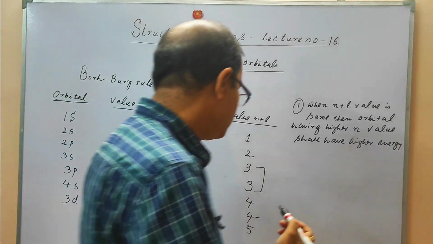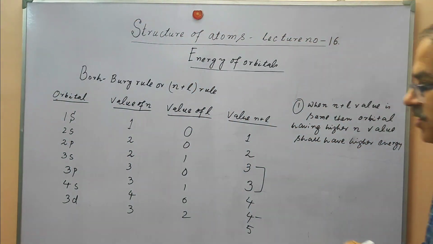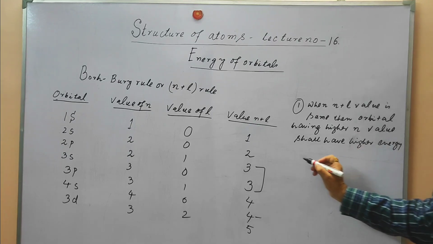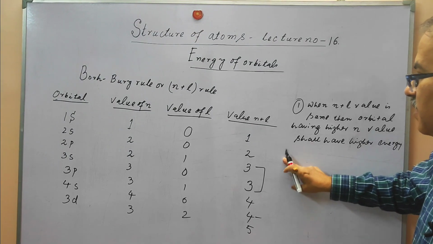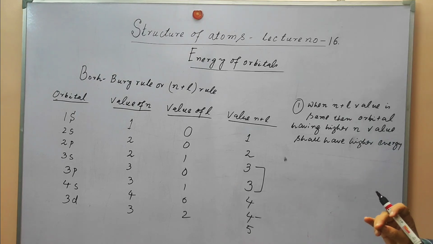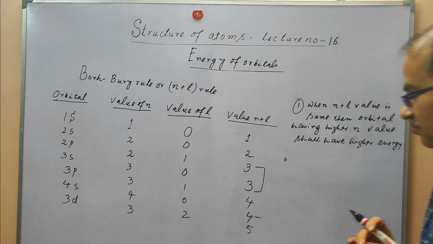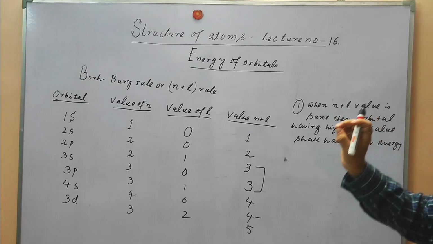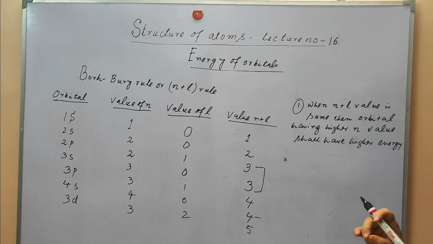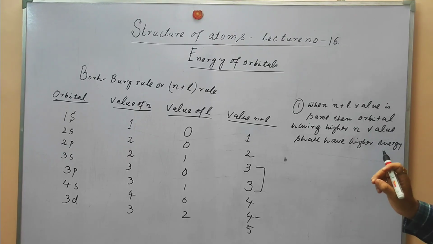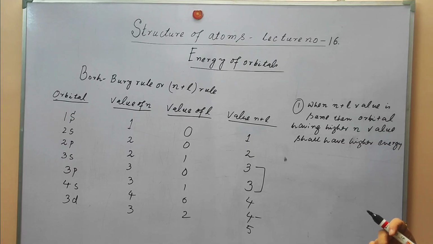So you can see this impact here. In this way you can understand the energy of the orbitals by calculating the value of n plus l. Where the n plus l value is the same, we go to the higher n value, which will have the higher energy. This is the Bohr-Bury rule, which is helpful to know the energy of the orbitals.